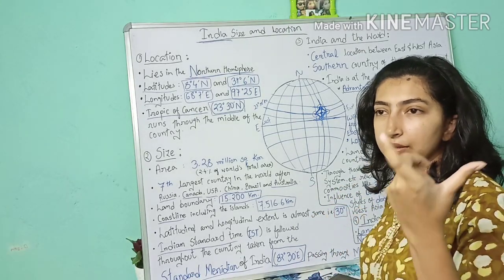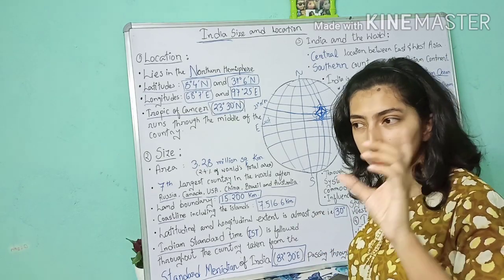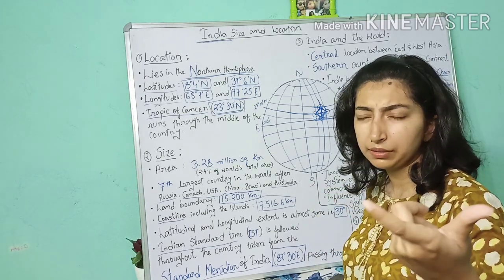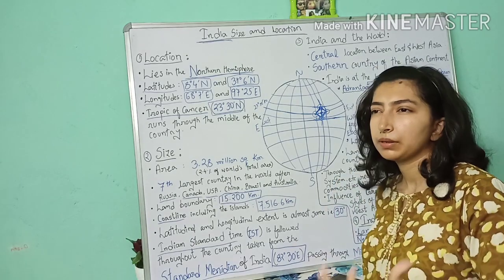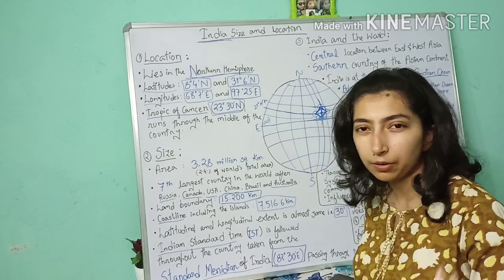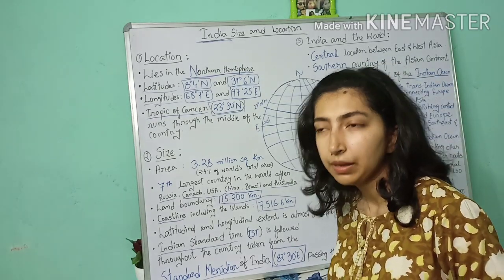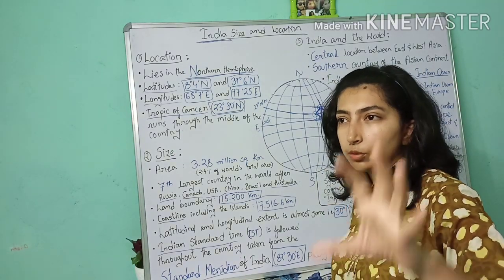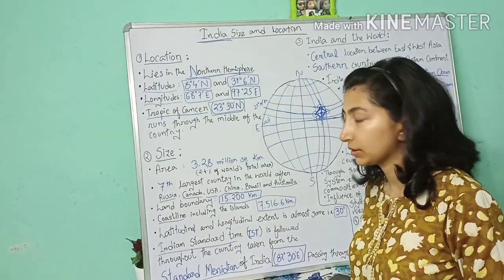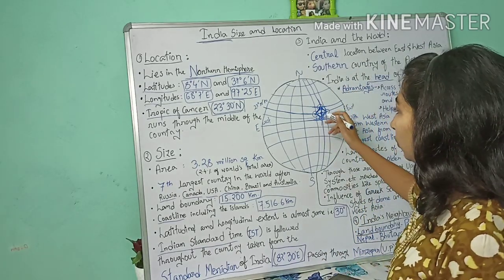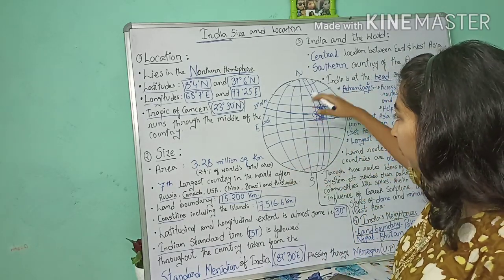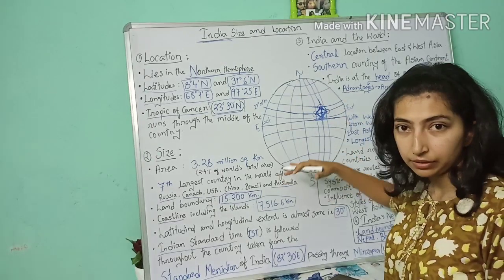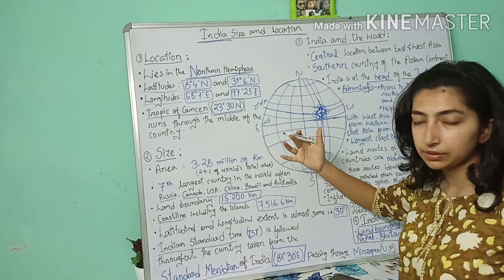Like daytime can be say 7 or 8 hours, whereas night time is more than that, as in 12, 13, 14 hours it can be. Okay, so that is what happens due to the latitudinal extent, due to the latitudinal difference.